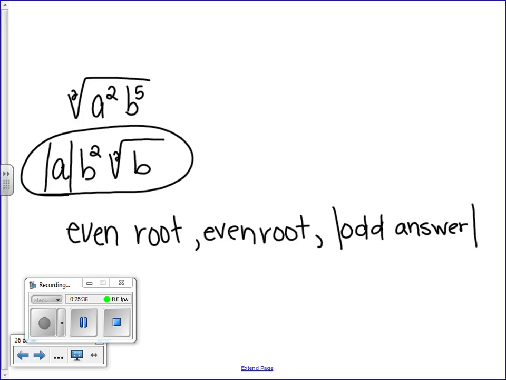So, alright. Even root, even power, odd answer. Goes in an absolute value. Okay. Even root, even power, odd answer goes in an absolute value.